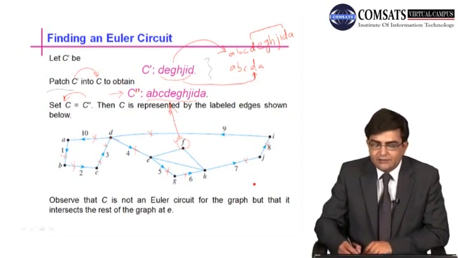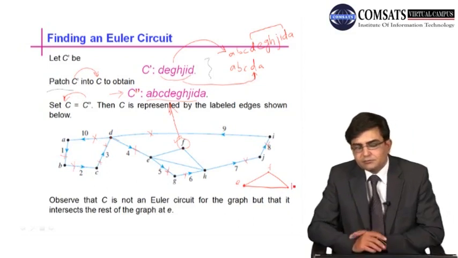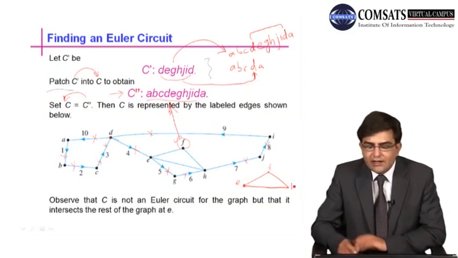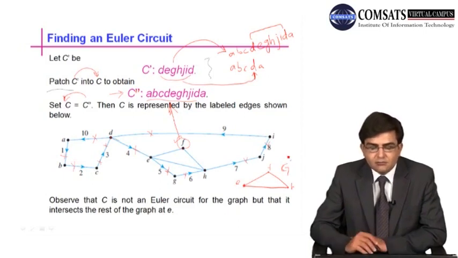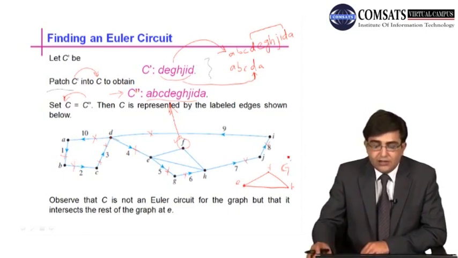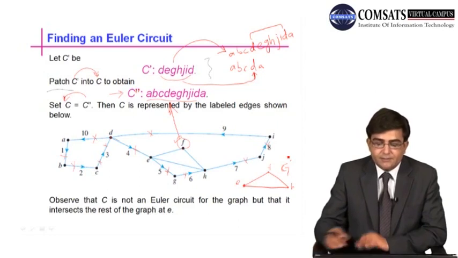We are left with only E, F, H. We call this graph G dash, or you can say G double dash, just to avoid confusion with the earlier G dash.